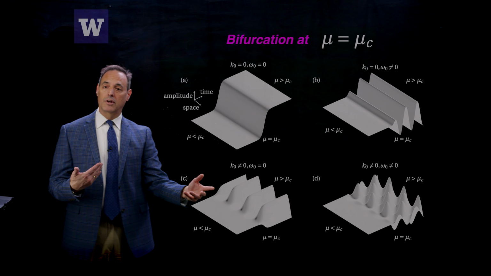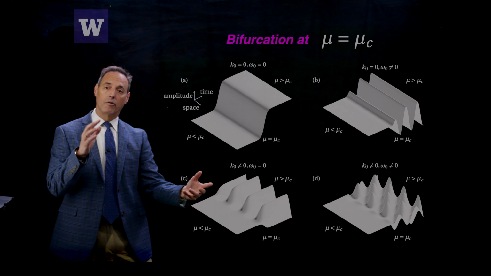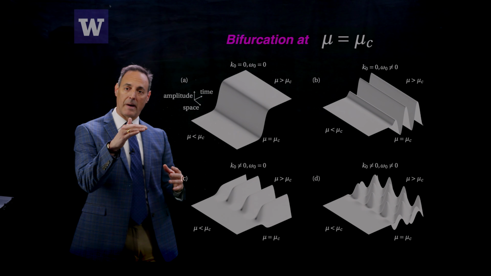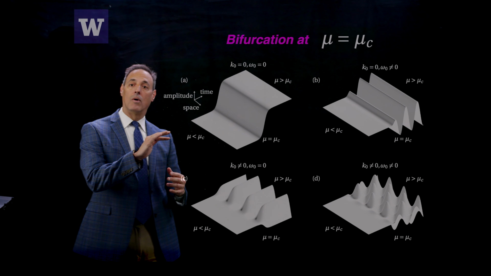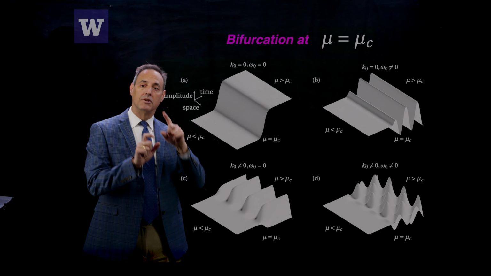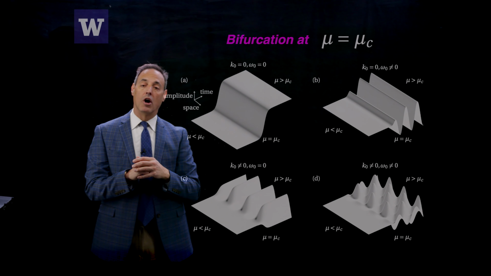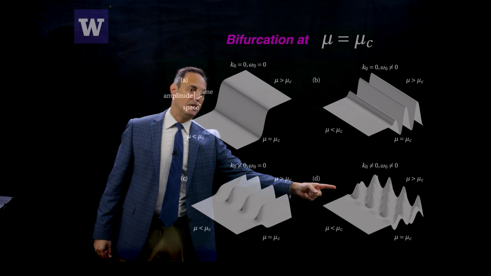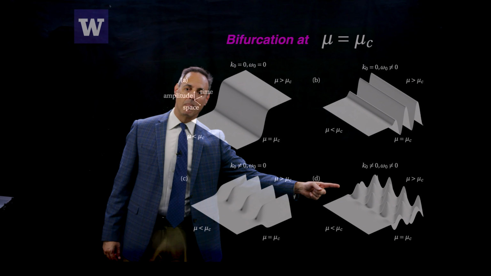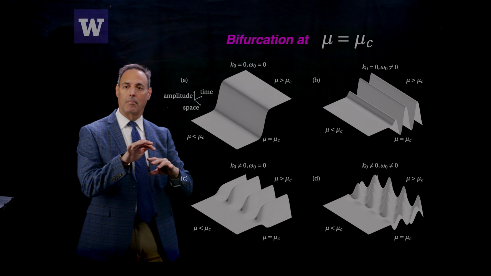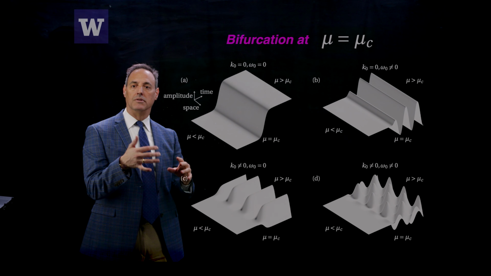And then the final case is when you walk over, you have a non-trivial spatial pattern, and there's a temporal pattern because the two eigenvalues cross with non-zero frequencies, and that's right there. So it's this Eckhaus-type pattern. So you get spatial and temporal oscillations in this case.